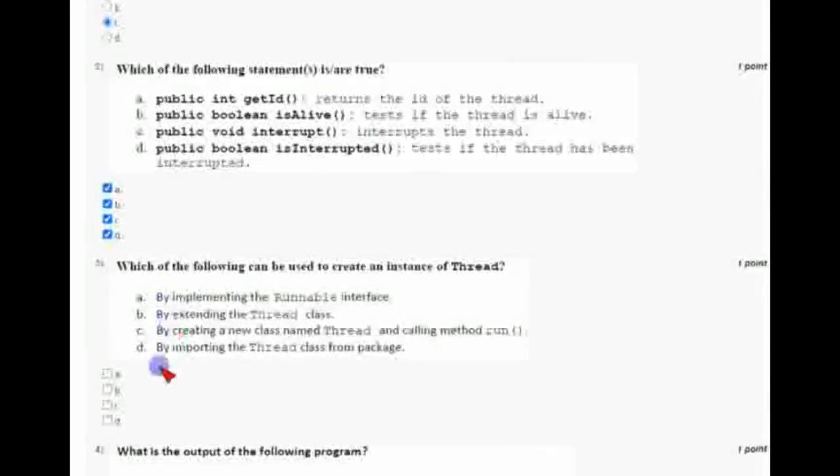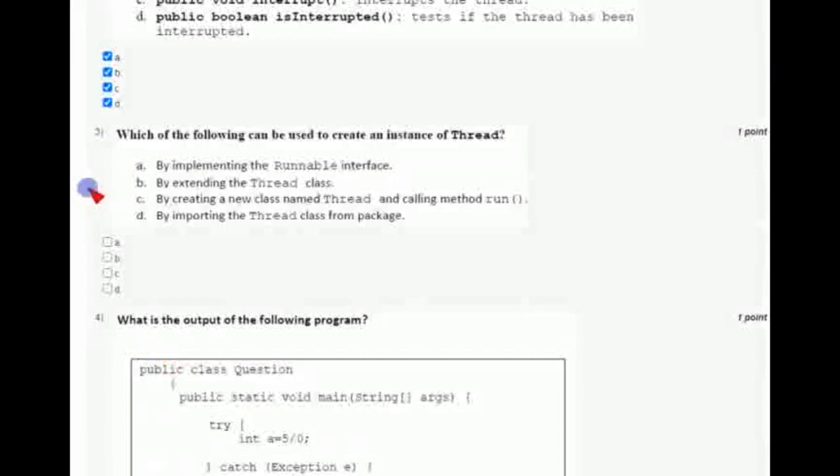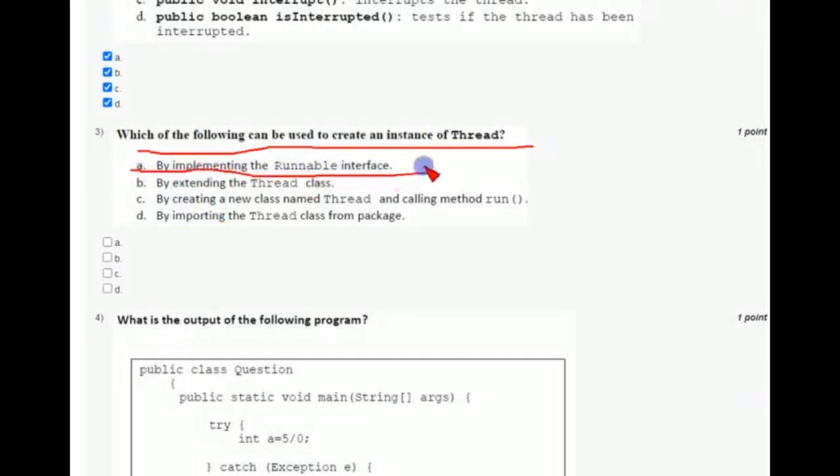And coming to third question, which of the following can be used to create an instance of thread? The correct answer for the third question, there are actually two answers for this. The first one is option A, by implementing the Runnable interface, and the second is option B, that is by extending the Thread class.